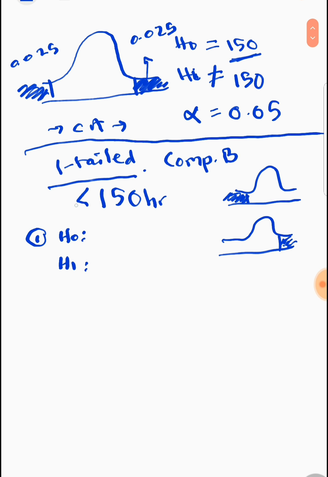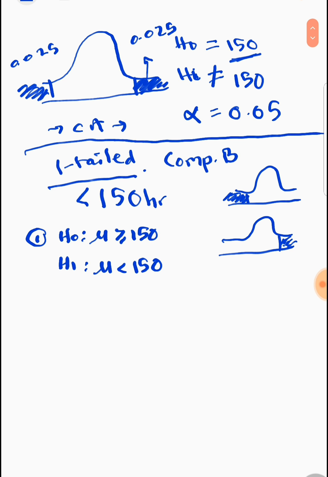Just as you're wondering where to park this, you park this at H1. So H1 is mu less than 150.